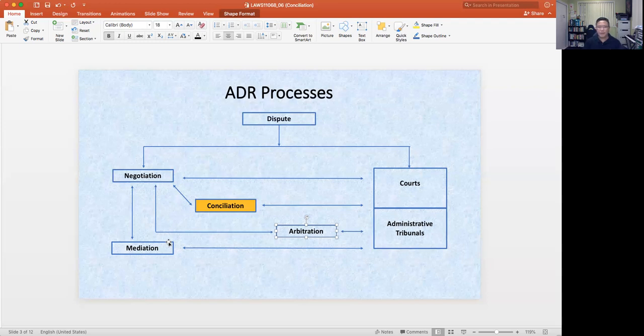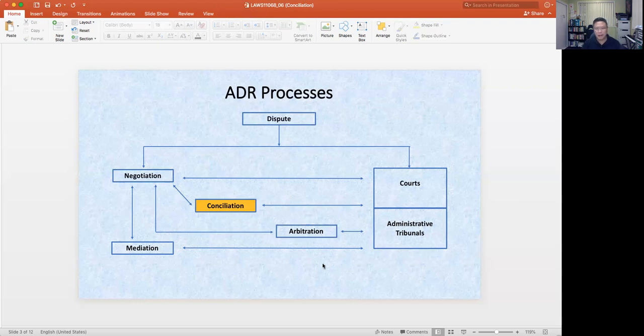But it might be more common that, if negotiations fail, if there's a legal demand made by one of the parties, such as the plaintiff, against a potential defendant, and they don't agree, then if they have a written agreement that in the event of a commercial dispute, the dispute be referred to arbitration, they end up going to arbitration, which we've already previously discussed and covered in week 5.